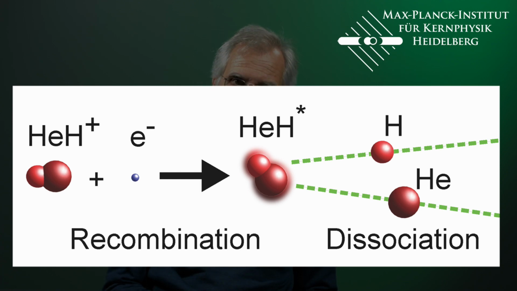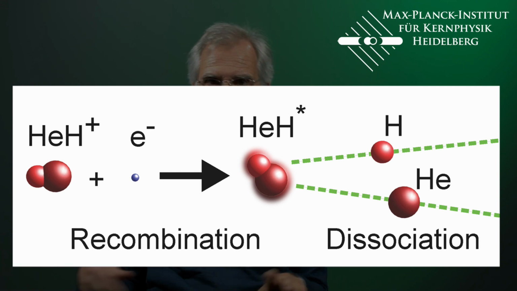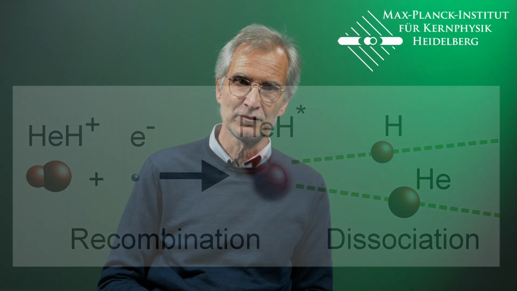In this case, the molecule will disintegrate very fast, and you get a helium and an H, which rapidly disappear and never find each other again. For this reason, you really have to know the rate of the destruction process under the condition of the cosmological environment.